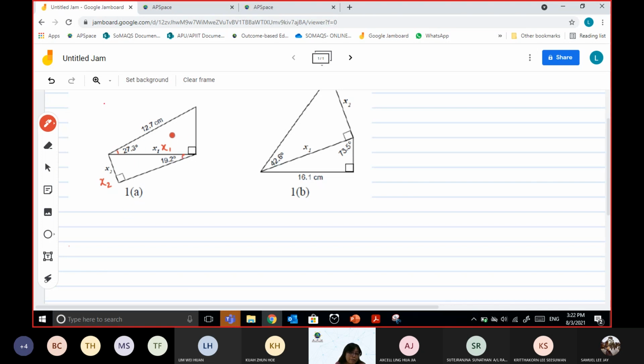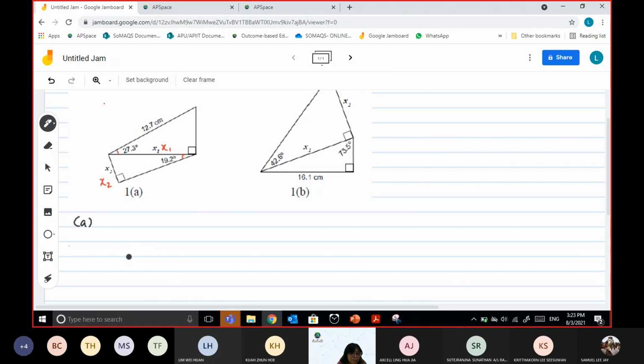Now, can we use the angles here to find x1? If we refer to the angle 27.3, the hypotenuse is 12.7. Then we have x1. So what trigo ratio is involved, the adjacent and the hypotenuse?